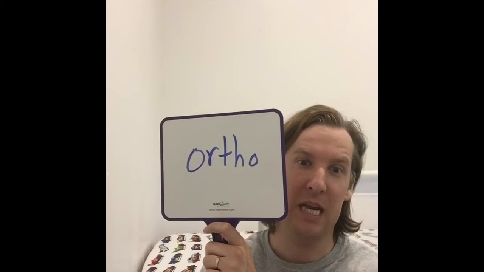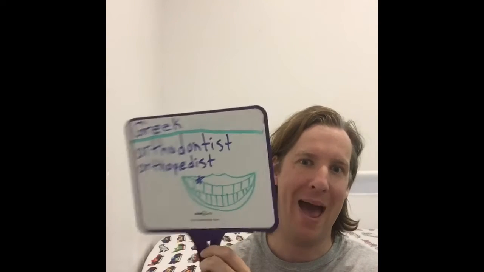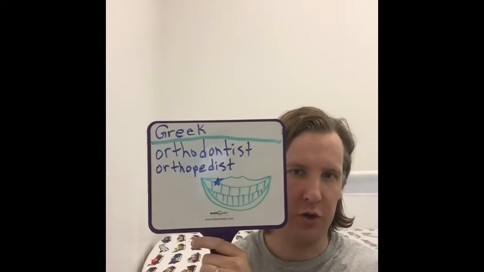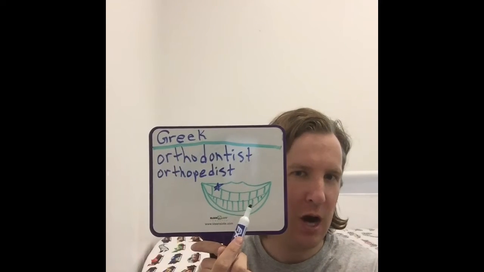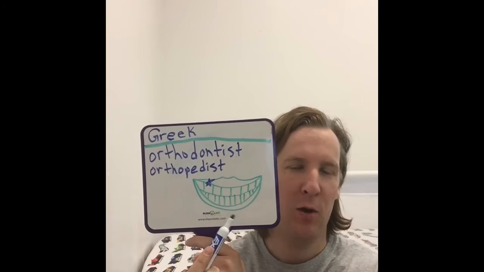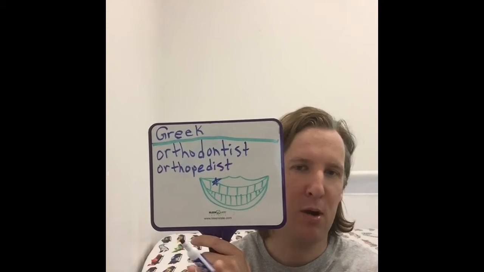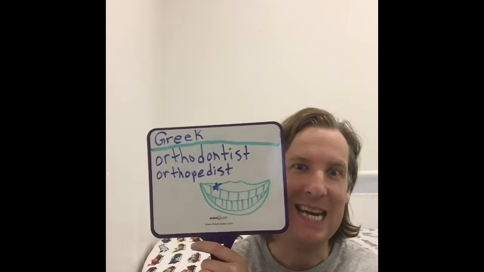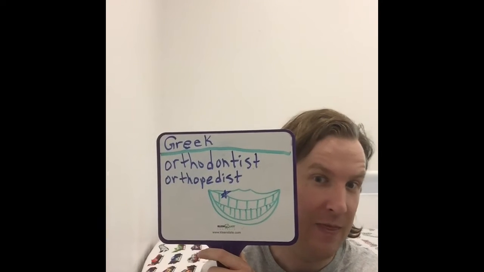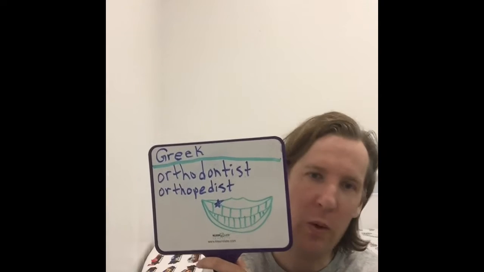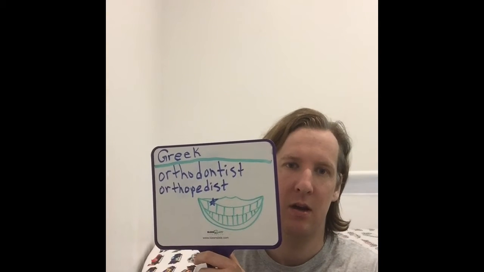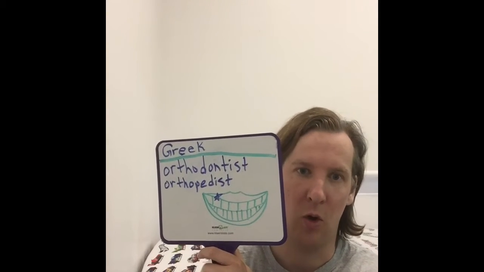And this is the beginning of the card, ortho. On the back, I put the Greek origin, orthodontist or orthopedist. And I tried to draw a mouth with perfect rows of straight teeth. And that's because the meaning of ortho always has to do with the idea of being straight or correct.